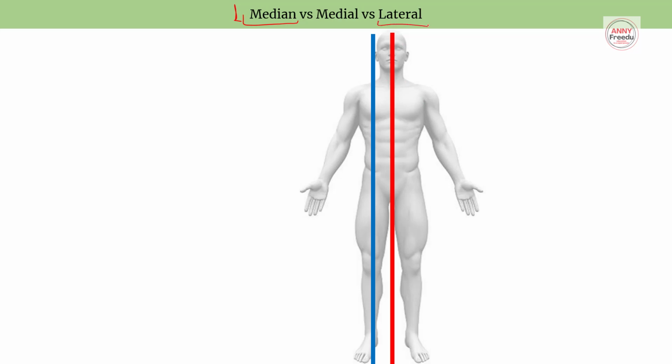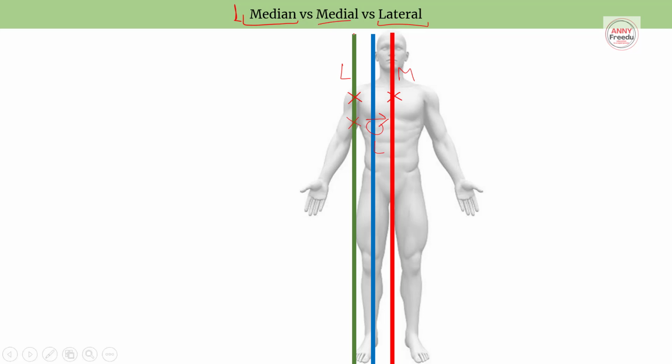The word lateral means side, far from the center. If I bring another line, a green line, we are going to call that lateral, obviously, because compared to the green line, the blue line is closer to the center. So we are going to call that a medial line, which means closer to the center.